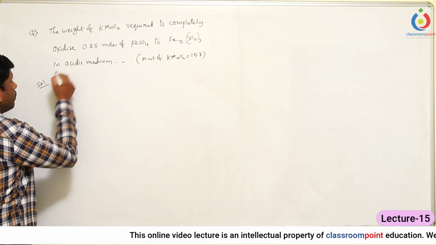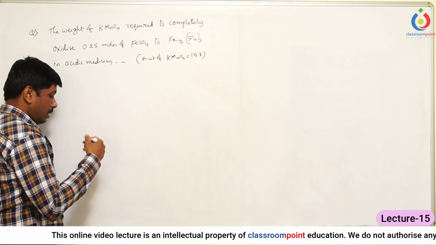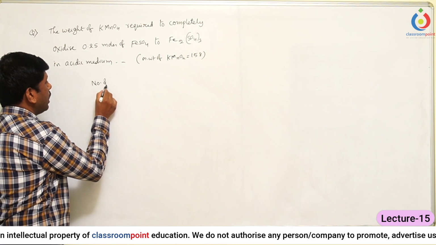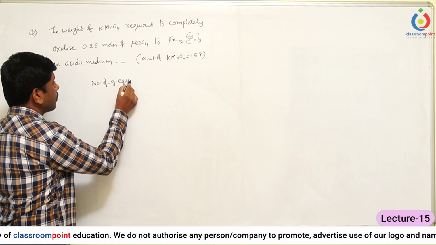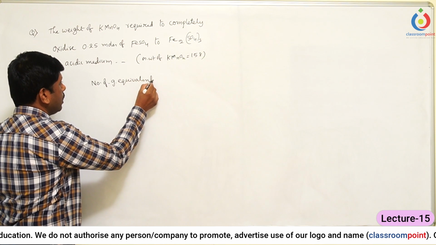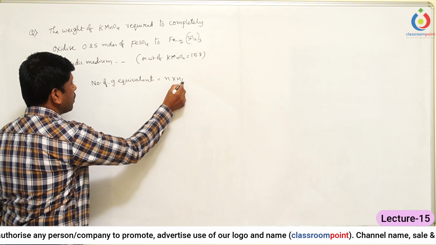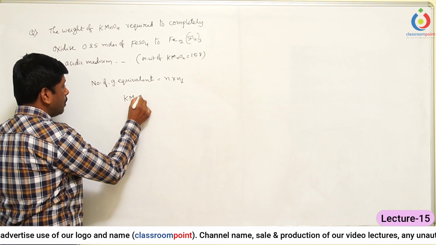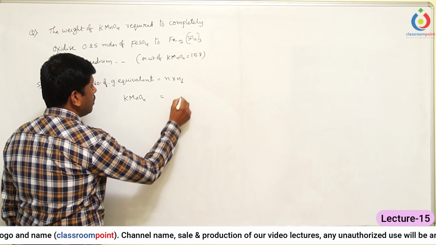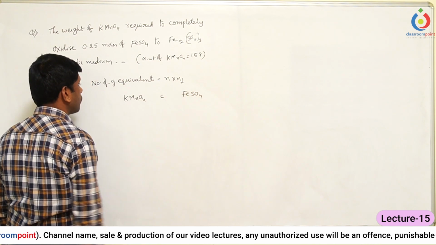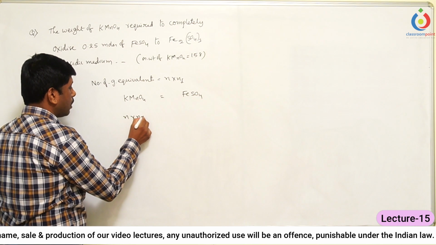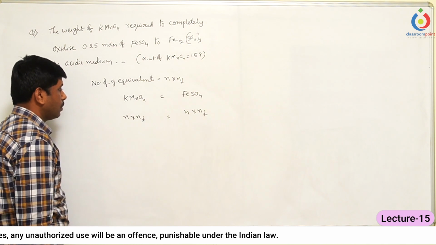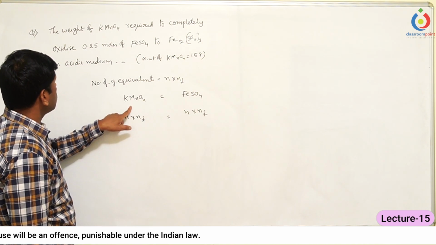For any question of this type of titrations, you must use the number of gram equivalents. Number of gram equivalents equals n into N factor, n meaning number of moles, into N factor. So let us take the KMnO4 equivalence equals FeSO4. So n into N factor of KMnO4 equals n into N factor of FeSO4. So number of moles.